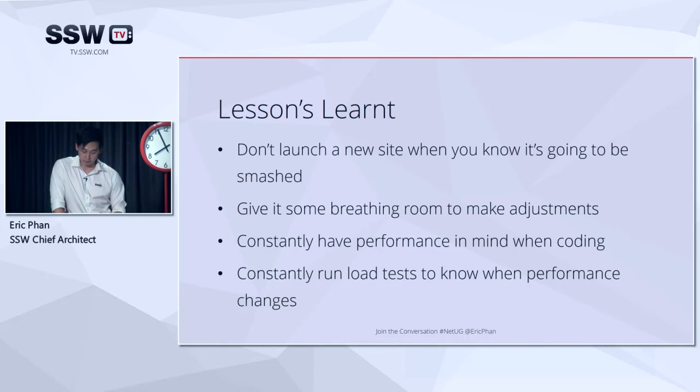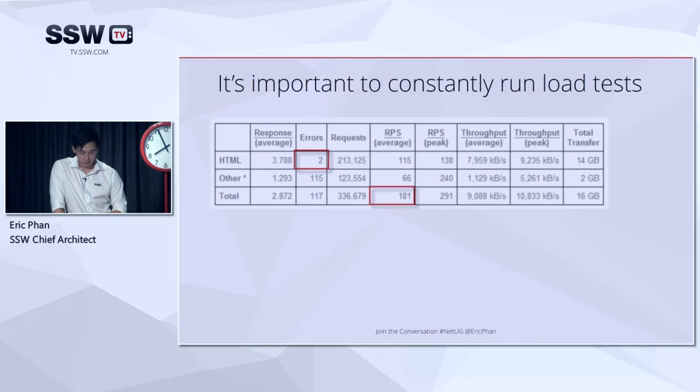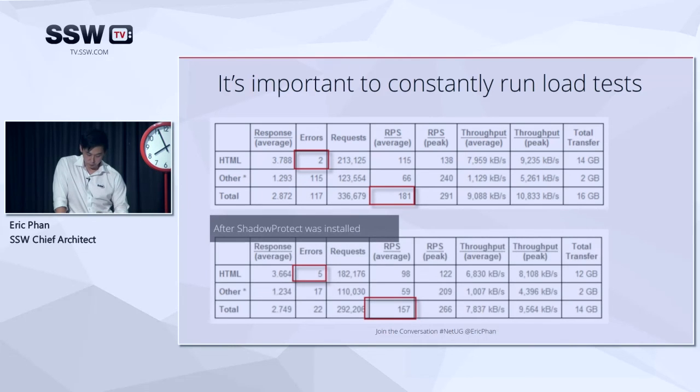Constantly running load tests is actually quite important because we did pick up an issue with this client. In the end, we got to about 181 requests per second under load. Something changed on their end, and we noticed that it dropped to about 160. What happened was that the hosting provider installed Shadow Protect on the machine, which I know affected the performance somehow.